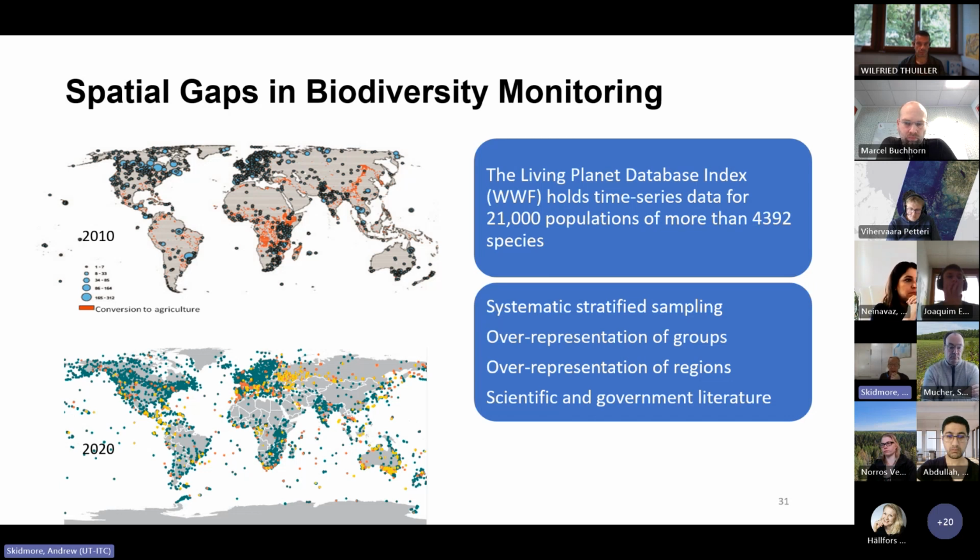We don't have a systematic stratified sampling scheme here. We've got overrepresentation of certain regions. We've got overrepresentation of certain biological taxonomic groups. And it's based on the scientific and government literature. So you're not capturing a lot of the information, for instance, from citizen science.